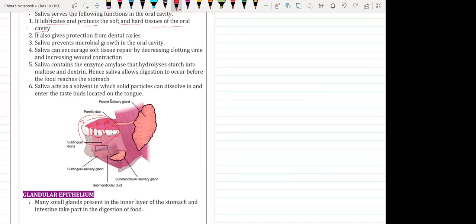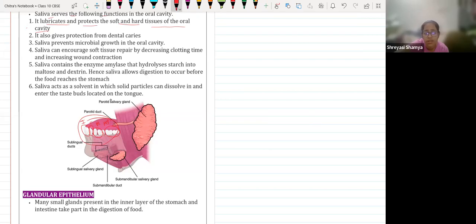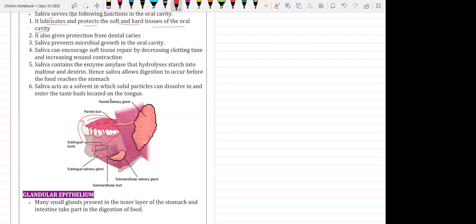The main role of saliva is to digest carbohydrate into glucose. It also lubricates the food. When we swallow food, it passes through the esophagus, and due to the lubrication it does not harm the inner lining wall of the esophagus and stomach. So it is also a lubricating agent.